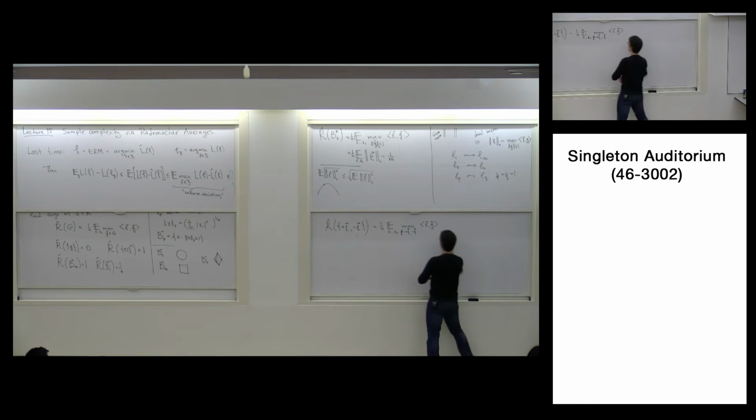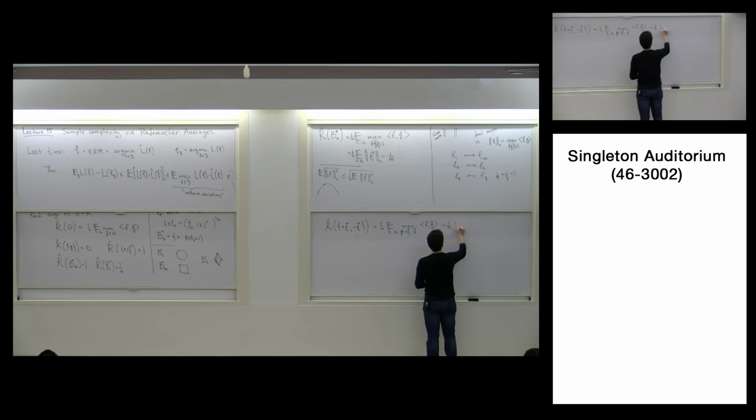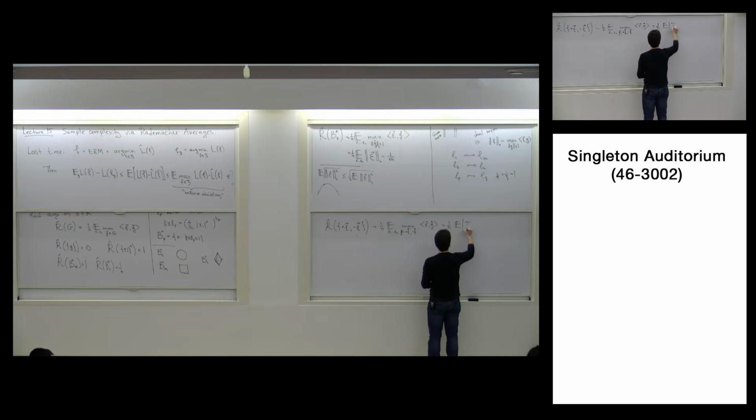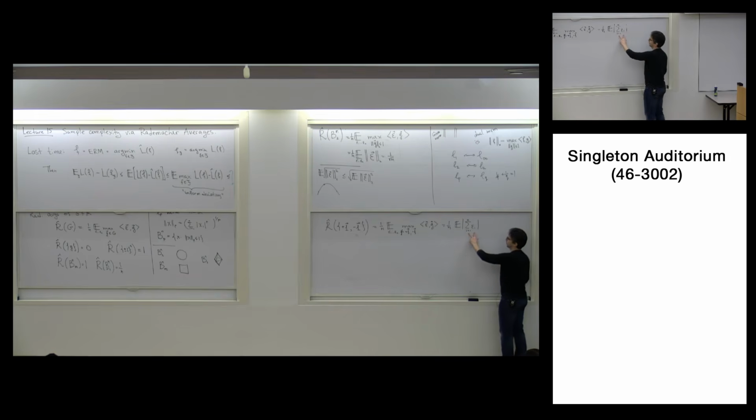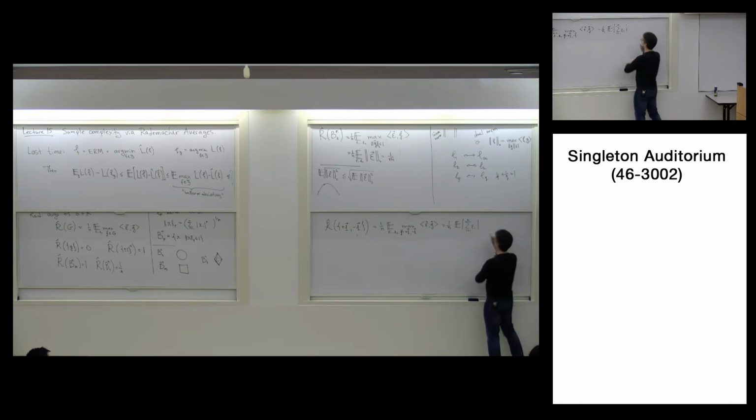That's the definition of absolute value. So that's the same as 1 over n times the expected absolute value of the sum of epsilon i from 1 to n. And indeed, when you add up a bunch of plus minus 1s, they behave like square root of n. And with 1 over n, you get 1 over square root of n.